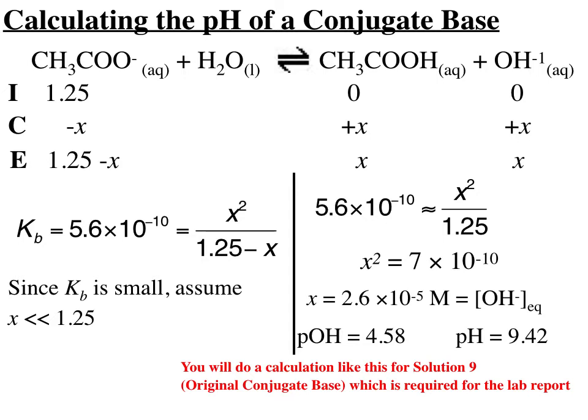You can see that x is way less than 1.25, so ignoring it in the denominator doesn't change the significance of the denominator drastically enough to affect the outcome of the x calculation. So x is equal to 2.6 times 10 to the minus 5 molar, and according to my ICE table, that is equal to the hydroxide ion concentration at equilibrium.